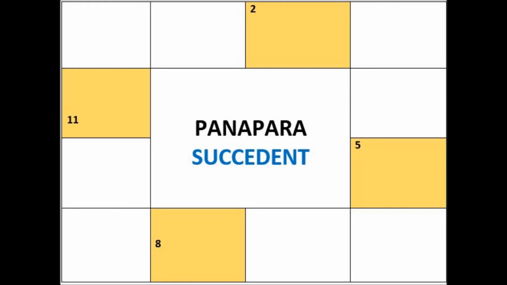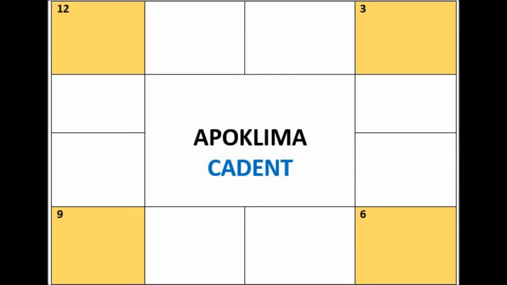I'm just giving you some tips here, right? So Apoklyma is associated, from my point of view, with Lord Shiva, because these Apoklyma houses are the 3, 6, 9, and 12 houses. I repeat, Apoklyma, or the cadent in Western astrology, are the 3, 6, 9, 12. It's appearing on your screen right now.